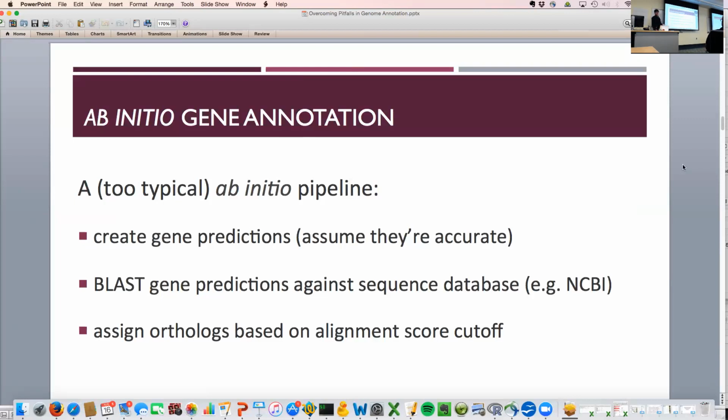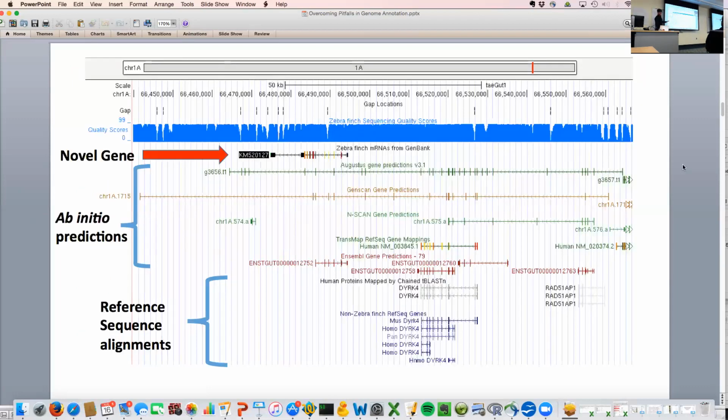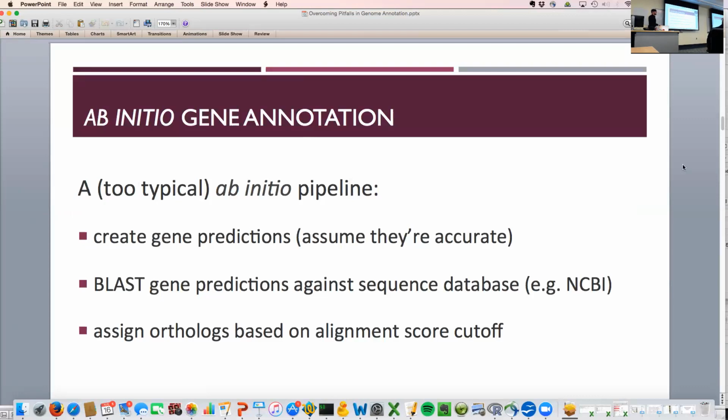So yeah, an all too typical ab initio only pipeline. You make the predictions, you just assume all these wacky predictions are accurate, and then you compare them against known sequence databases to find orthologs based on sequence similarity, and then you assign orthologs based on some cutoff.